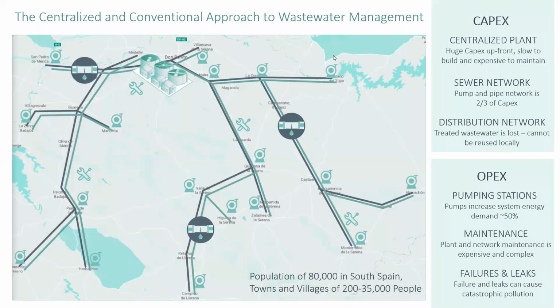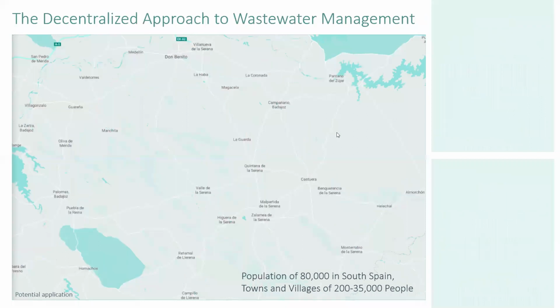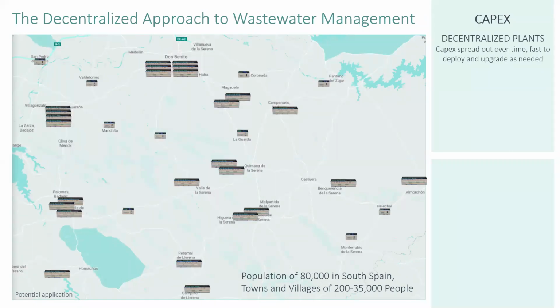So what's the alternative plan that could be compared to this? For the same area, we could have many small plants treating the wastewater locally. This is associated with much shorter distance collection systems, just up to each of these plants.